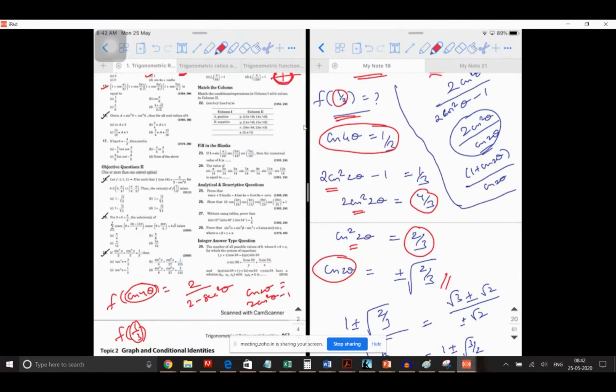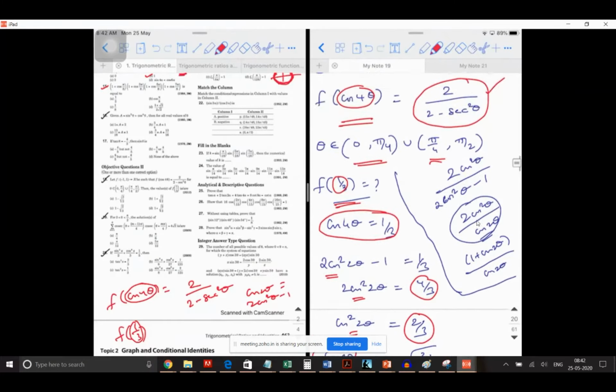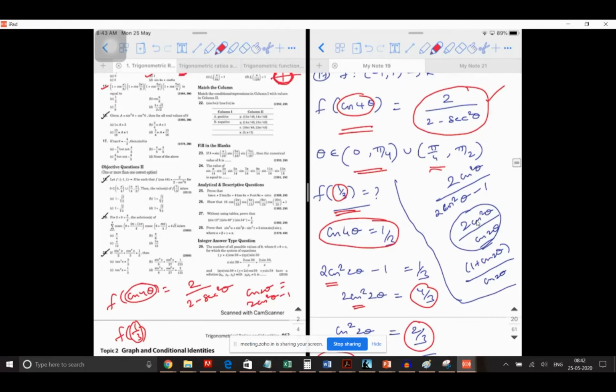Now, what is it we need to find? We need to find the value of f of 1 by 3, right? For that, if you observe, see, this 2 divided by 2 minus secant square theta, if you try to simplify it, I wrote secant square theta as 1 by cos square theta. Then it will become 2 cos square theta divided by 2 cos square theta minus 1 after you take the LCM. So 2 cos square theta goes to the numerator.